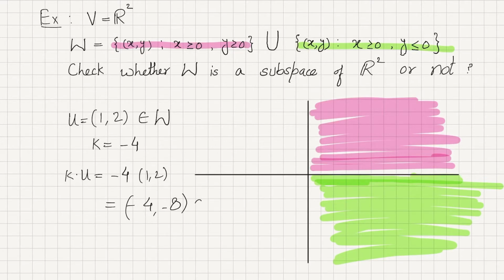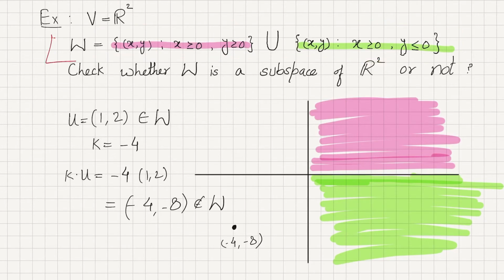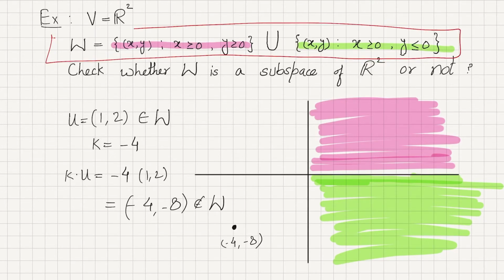So it is not in W, because (-4, -8) is a point that will lie here, and this point is not in the shaded region. So we can say that this set W will not form a vector subspace of R2.